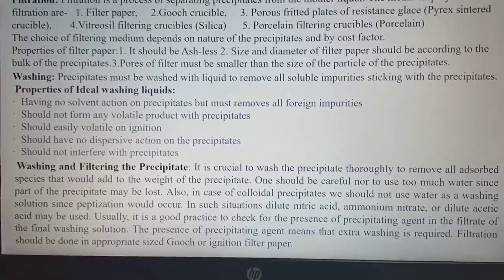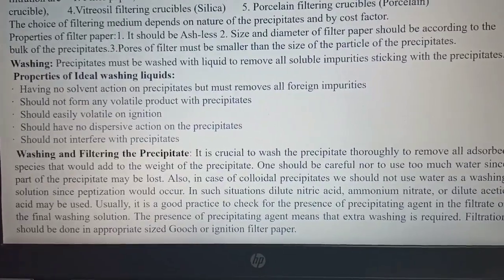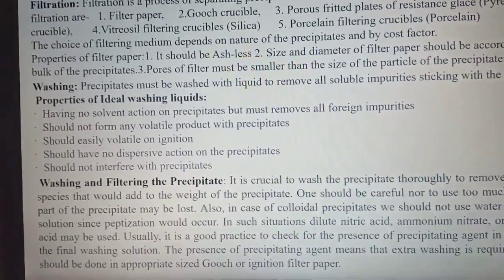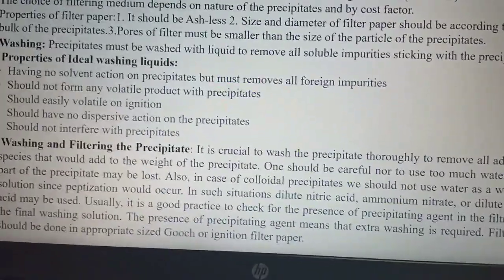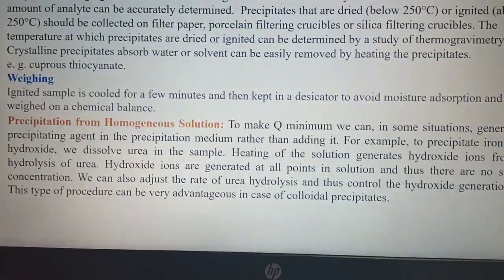It will take away impurities only, but not the precipitate. So all these are the certain conditions required for washing of the precipitate using particular solvents.